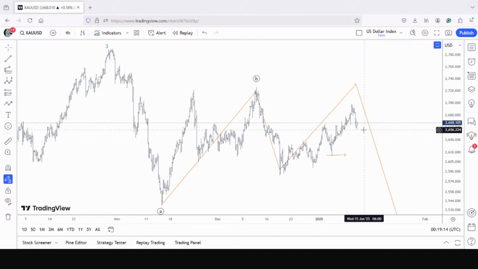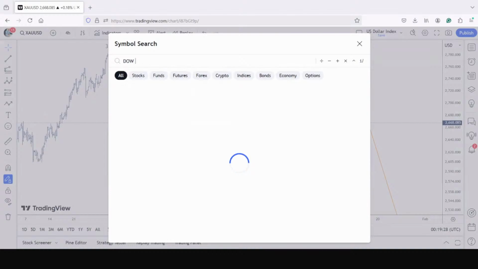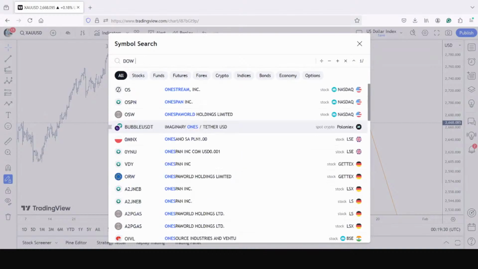That's what partial profit booking gives you: a lot of leverage and confidence about whether we are on the right track. And if we are, we keep taking small profits off the table. All right, so gold is also on track.